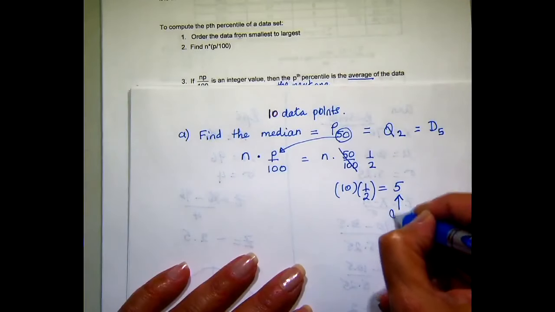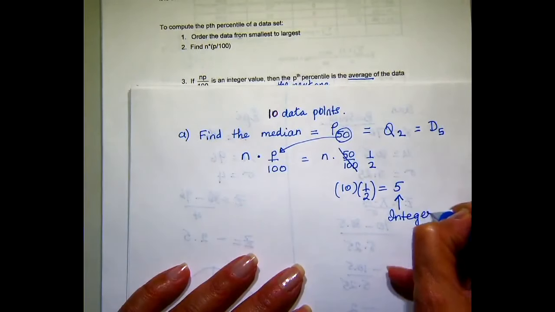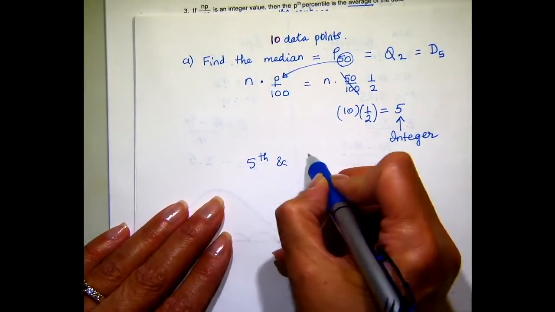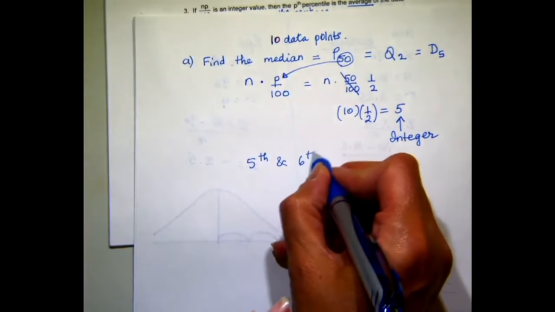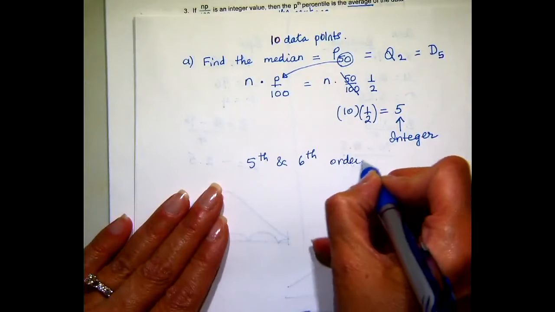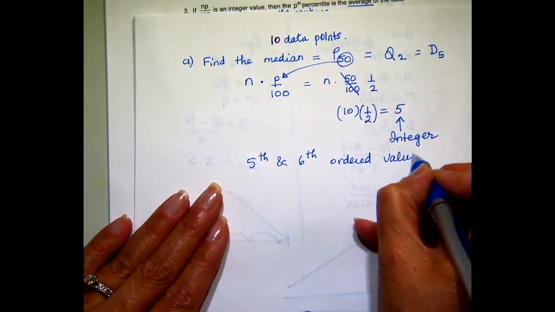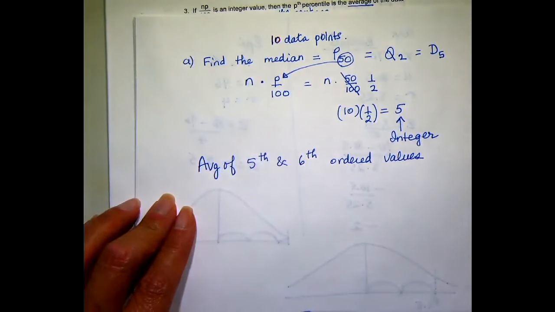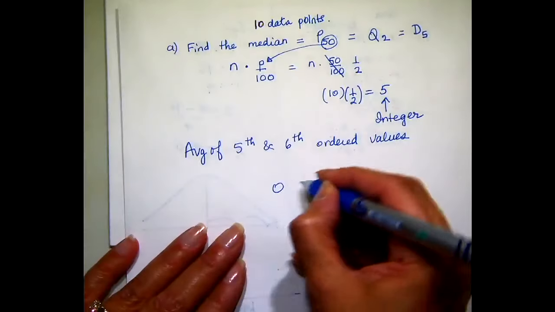Because 5 is an integer, you are to take the 5th and the next one, which is the 6th, ordered values, and average them.